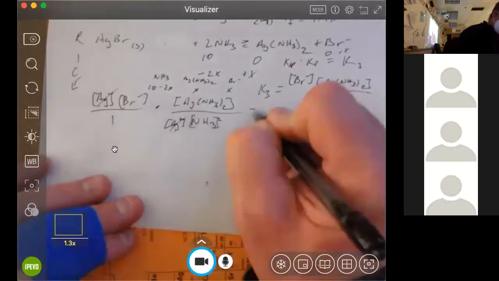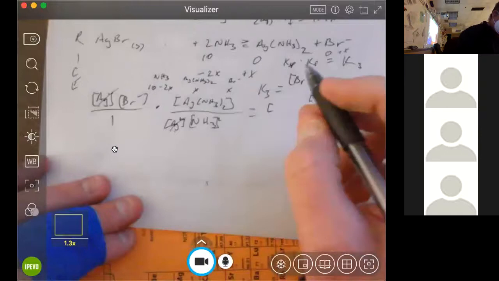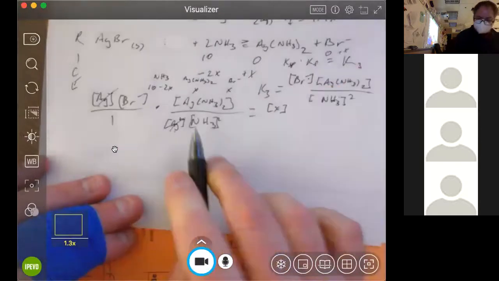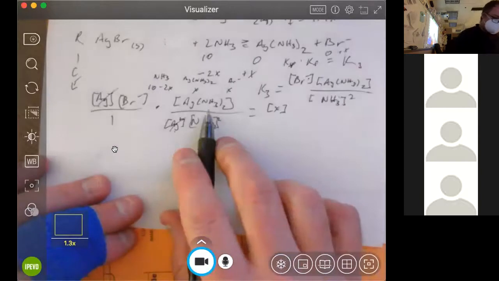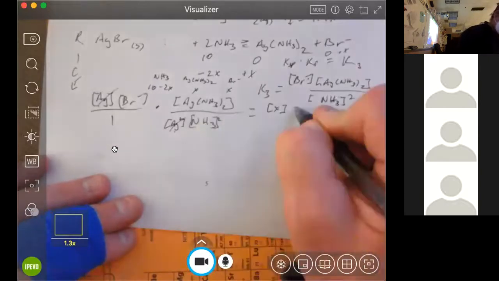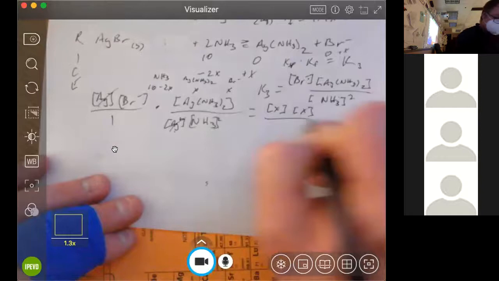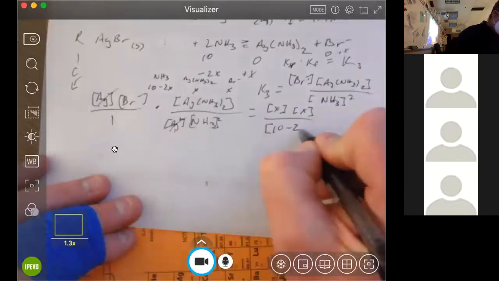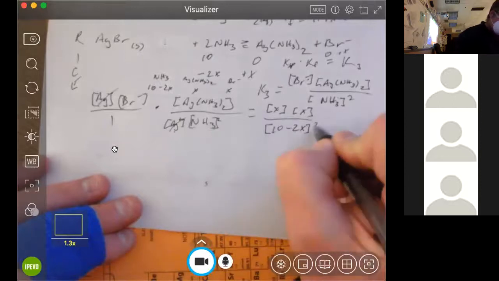So again, I've got the Br on the top right here. So that's going to be x. We have the Ag(NH3)2. That's going to be x, and we're going to put this all over 10 minus 2x squared.